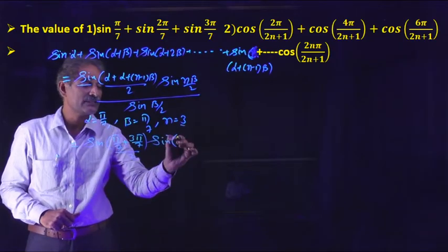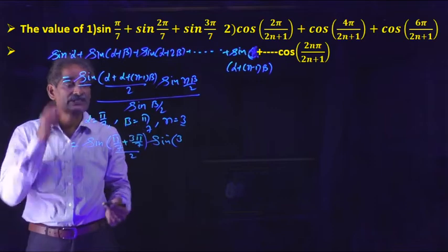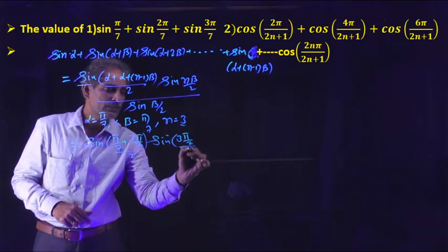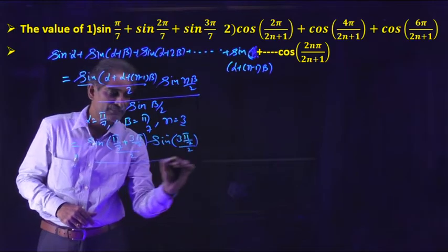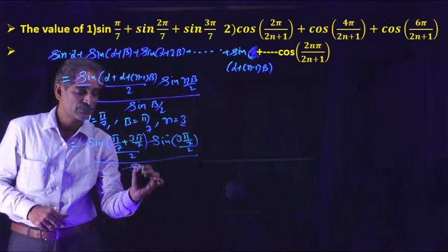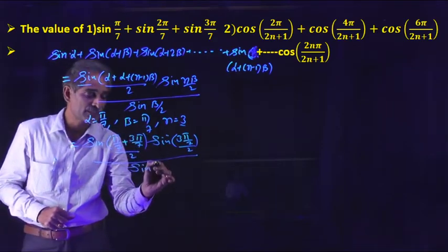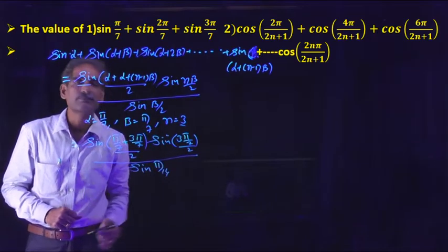Here n is 3 and beta is pi by 7, so n beta by 2 is there, whole divided by sine of beta by 2. Here beta by 2 means pi by 14.